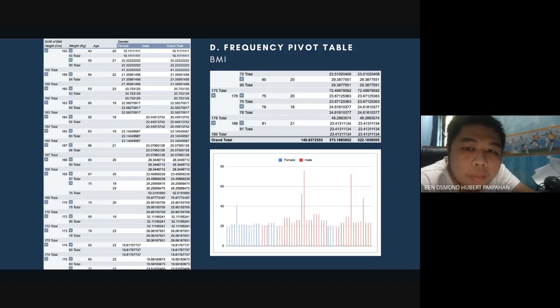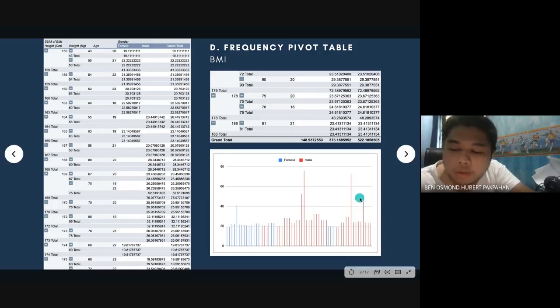So the BMI is 20.07 and 28.34, and the total is 75.97. It goes on until the last one, 186. And this is the graph.